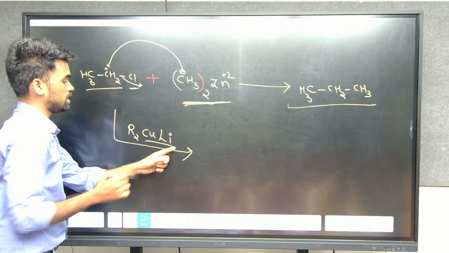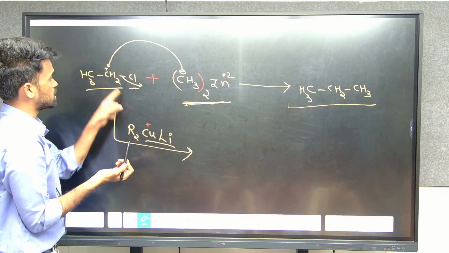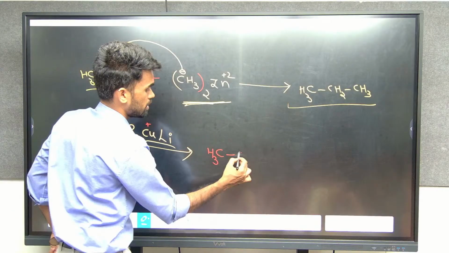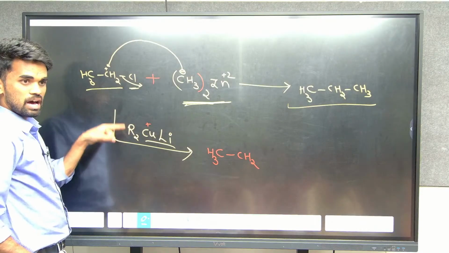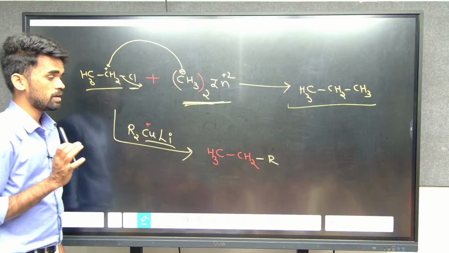Metals mean positive charges, alkyl group means negative charge. So this negative charge will add to that and you will get CH3, CH2. To that what should I add? Whatever the R group we have here. Okay. So sir, when to use this reaction?